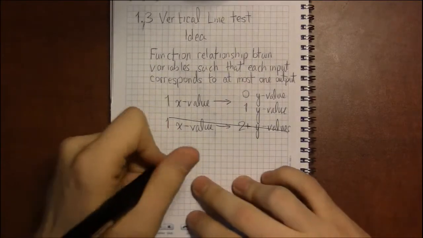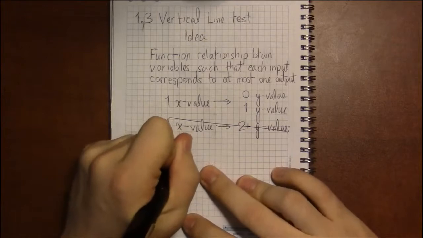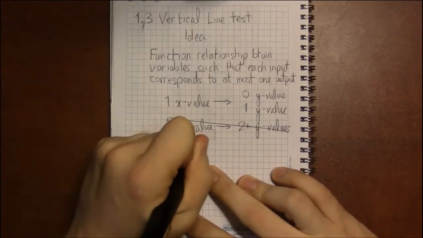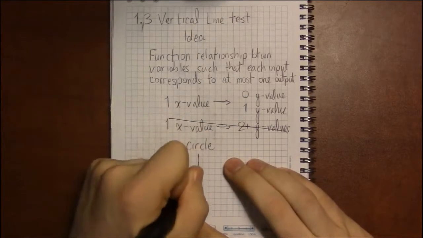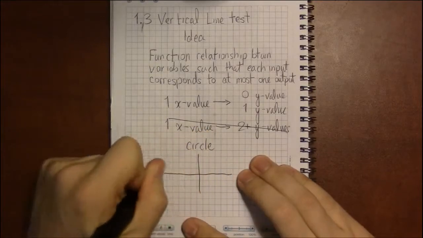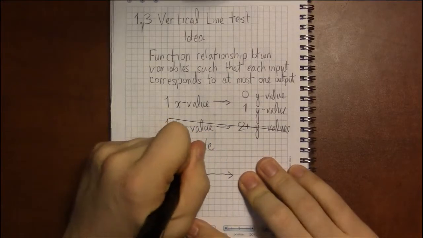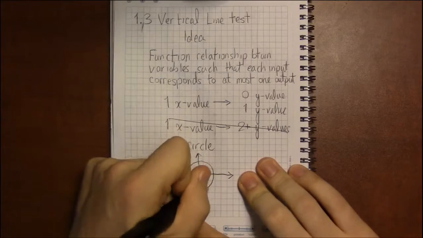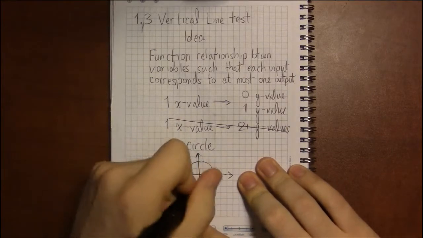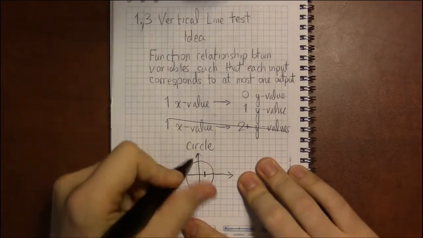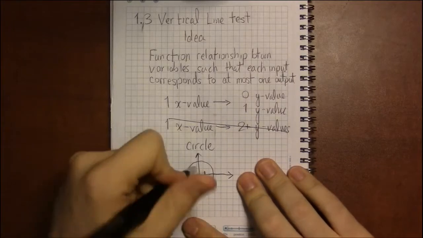Well, if you take a look at something very simple like, say, a circle, is a circle a function? Well, let's just pick an x value at random. Let's look at this, whatever x value this happens to be.